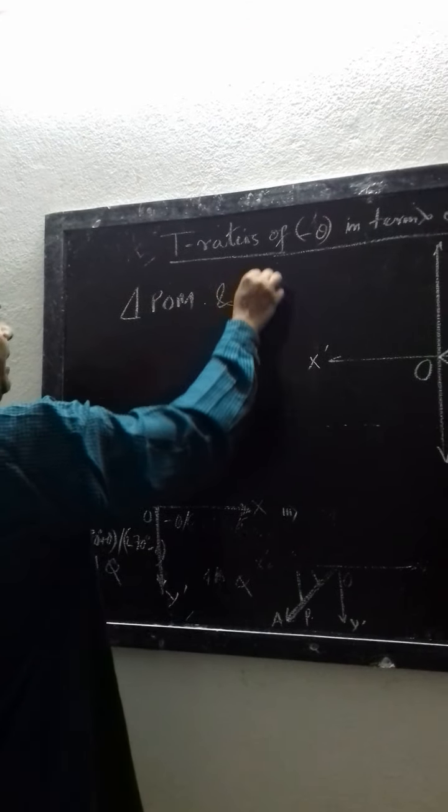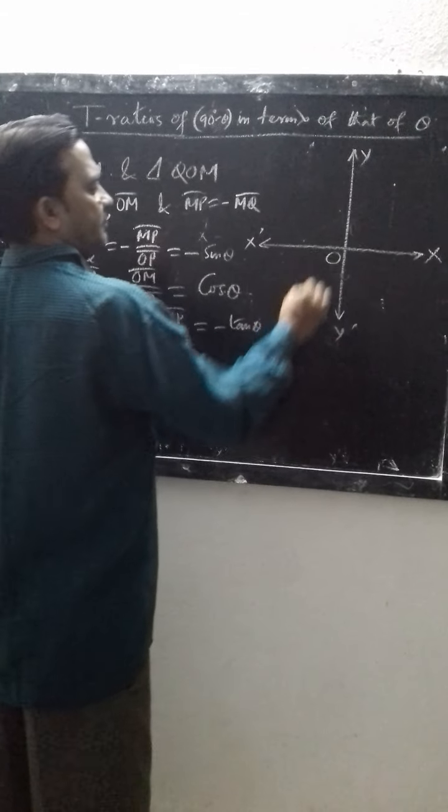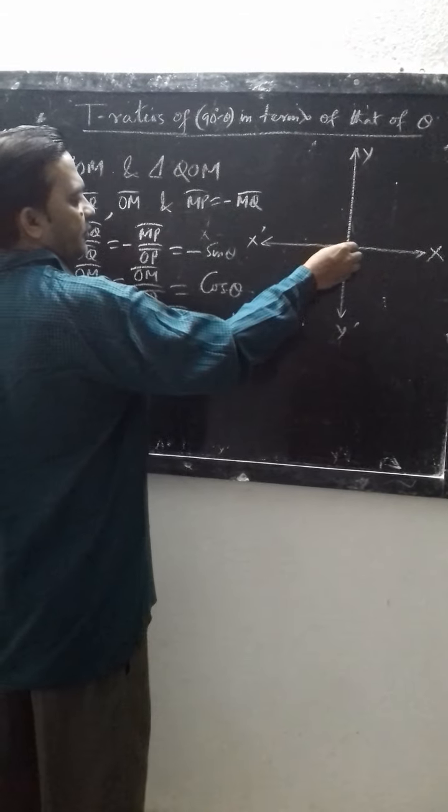Now trigonometric ratios of 90 degree minus theta in terms of theta. We draw a figure, x-axis and y-axis. Origin O, the line OX rotates through an angle theta in the positive direction.